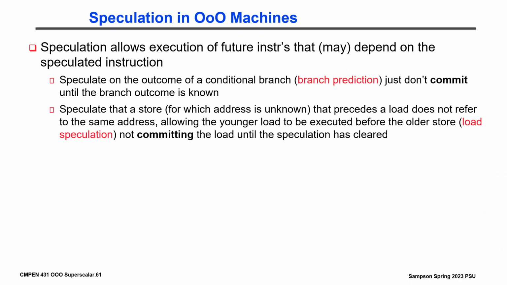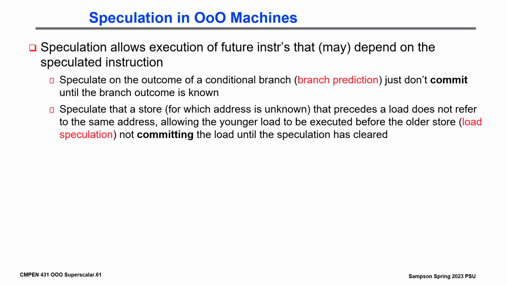I have mentioned, but have not gone into much detail yet, on load speculation, right? If I am putting a series of load and store instructions into the system, we don't know what the addresses are yet.